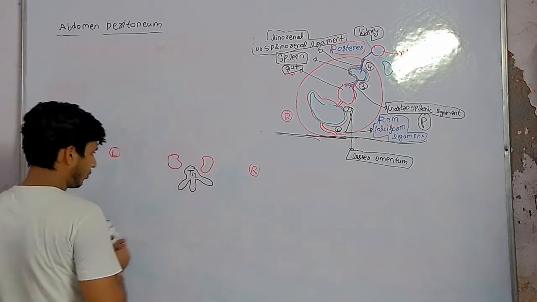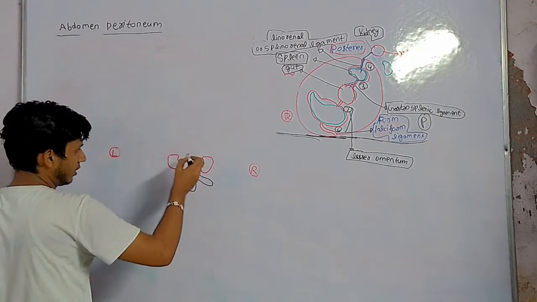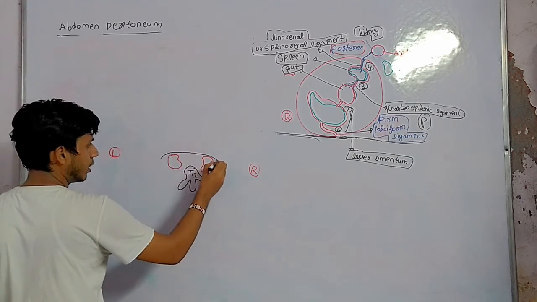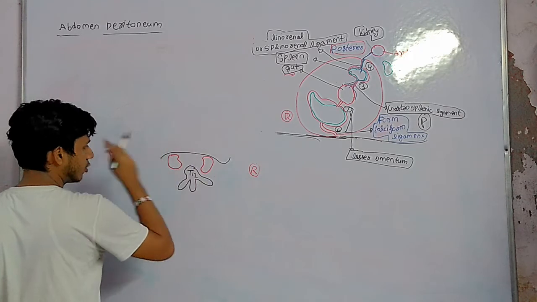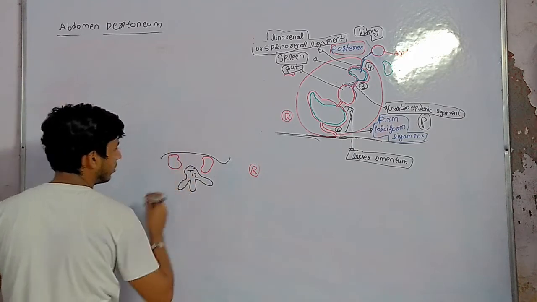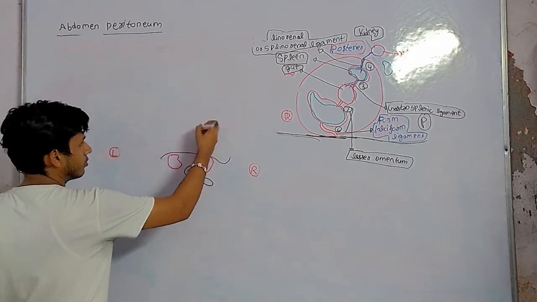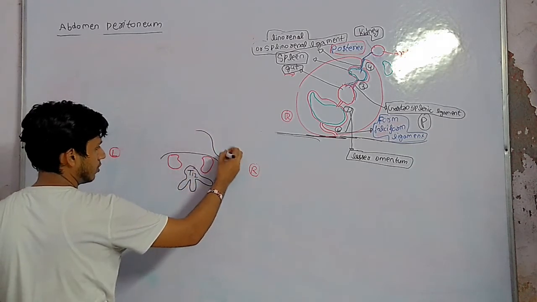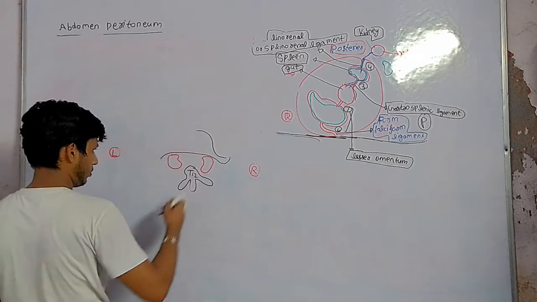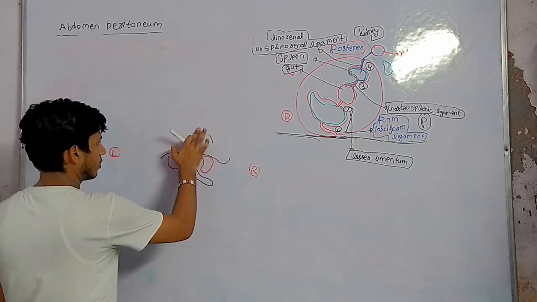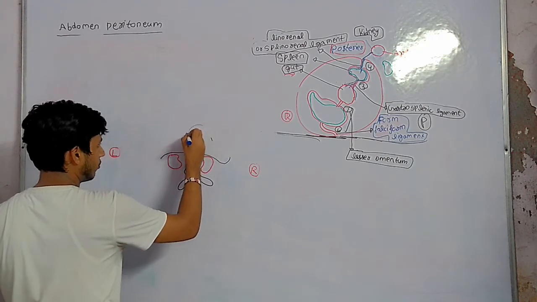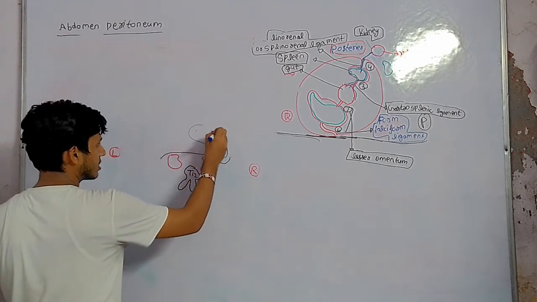Then, after the kidney, we have the peritoneum, because we know the kidney is present posterior to the peritoneum. Then on the right side we have a big organ, which is called the liver. The liver is completely developed this time.